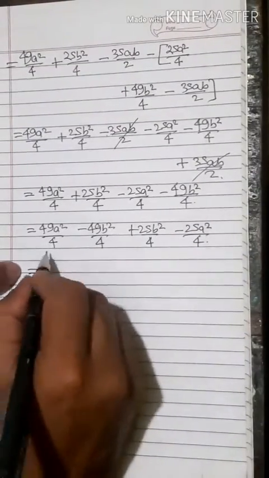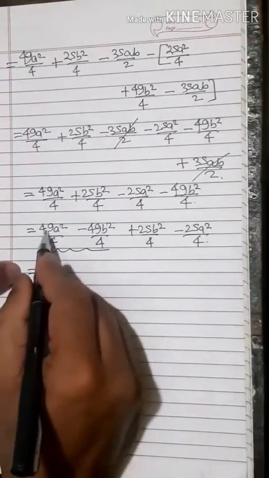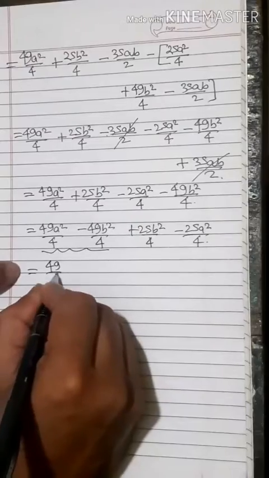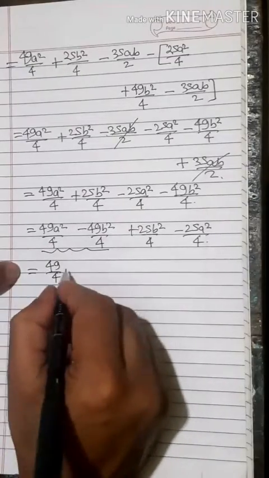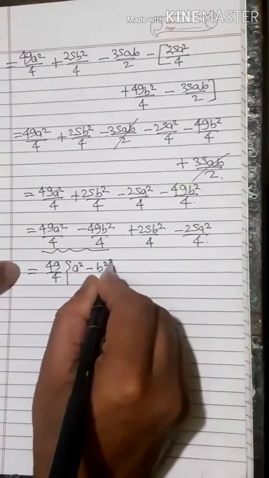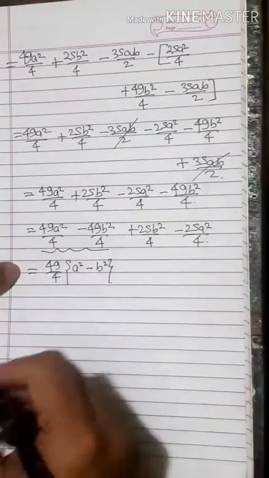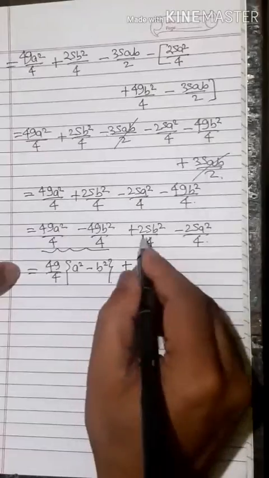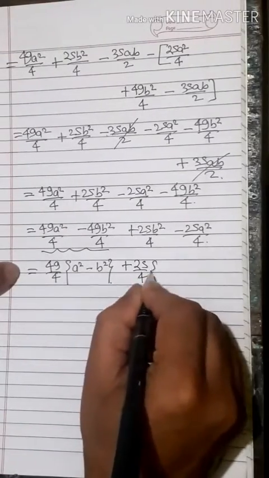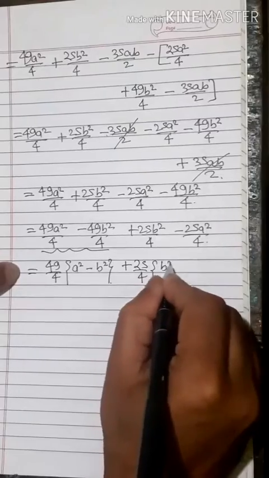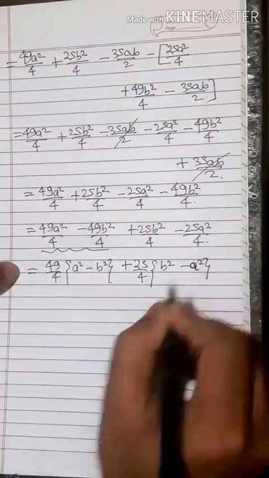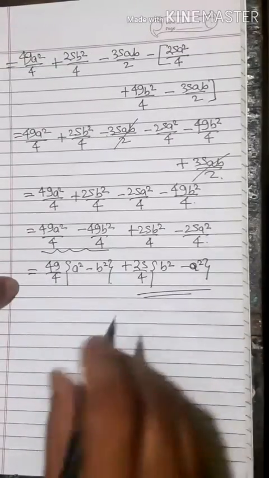Now in these two terms, what is common? 49 by 4. So we take 49 by 4 common. What is left over here? a square minus b square. Now here, 25 by 4 is common. What is left over here? b square minus a square. So you can leave the answer here.